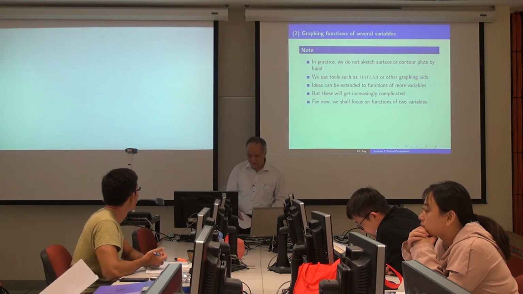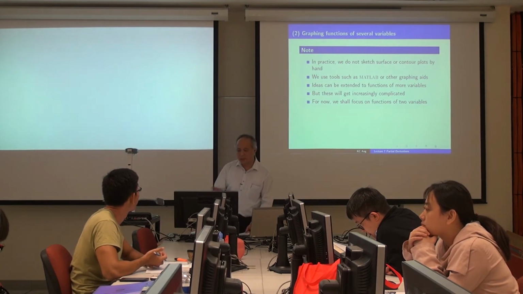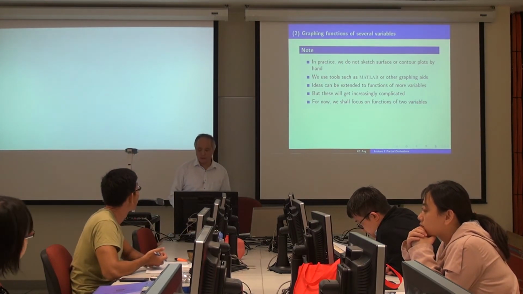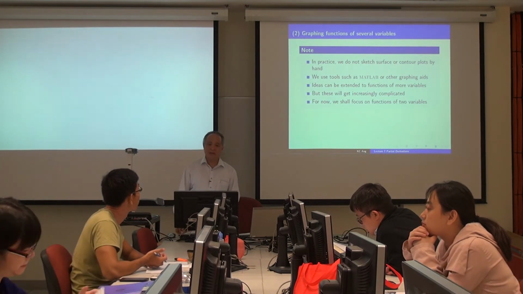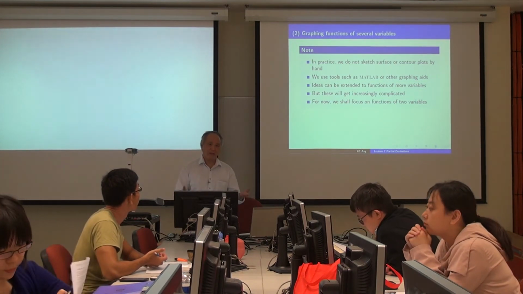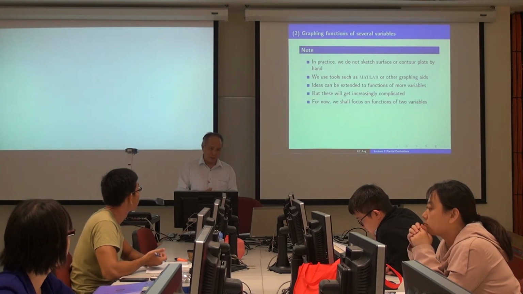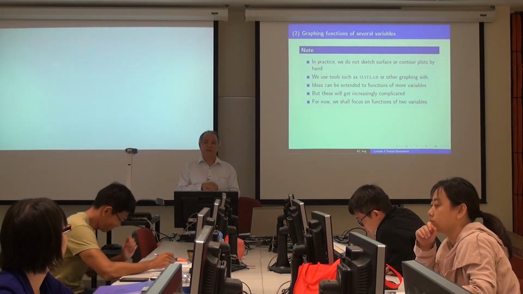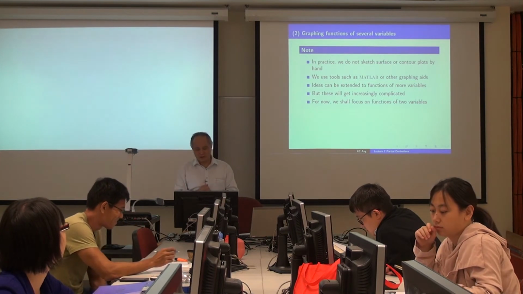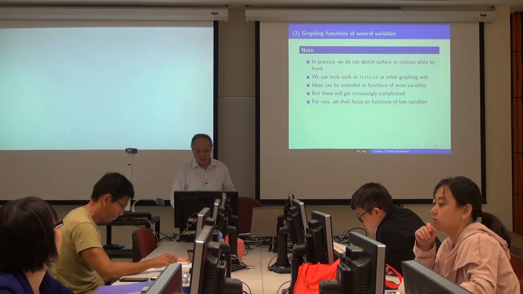So for this course, generally, we will just focus on functions of 2 variables. Of course, if you want to extend, you can. It's just that it becomes too complicated. It may not be so nice to study anymore. We don't have time anyway. We have only 6 lectures left, including today.